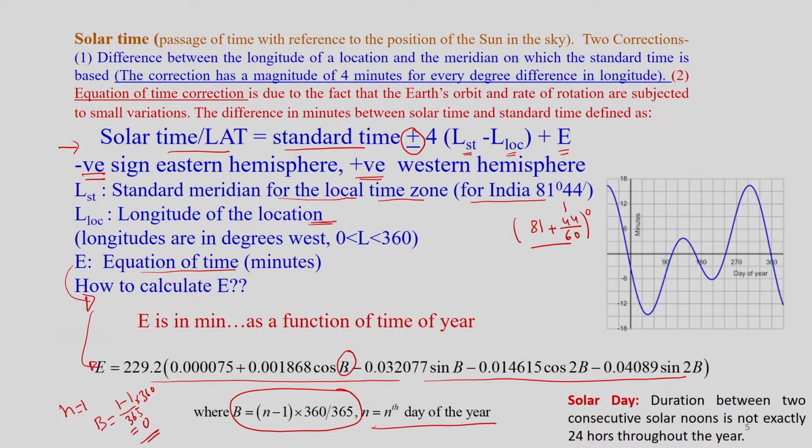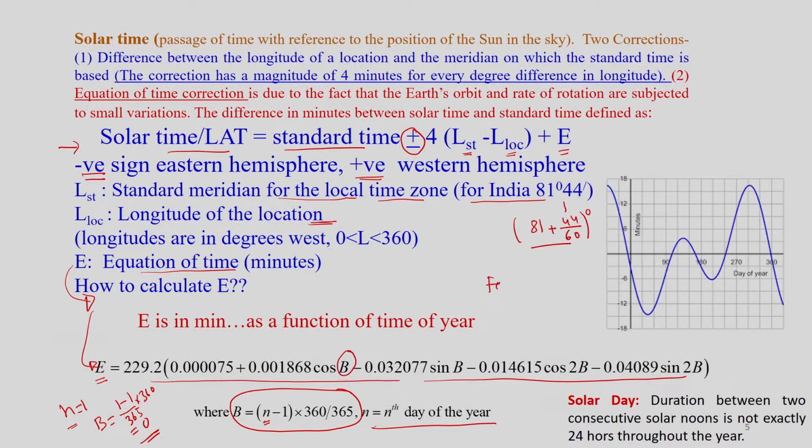So, under that condition, cos 0 is 1 and sin 0 is 0. We can substitute here, and finally we can calculate the value of E on January 1. Accordingly, you can use this for calculation of solar time. For example, if we have to find this E value for February 1, then what will be the value of n?